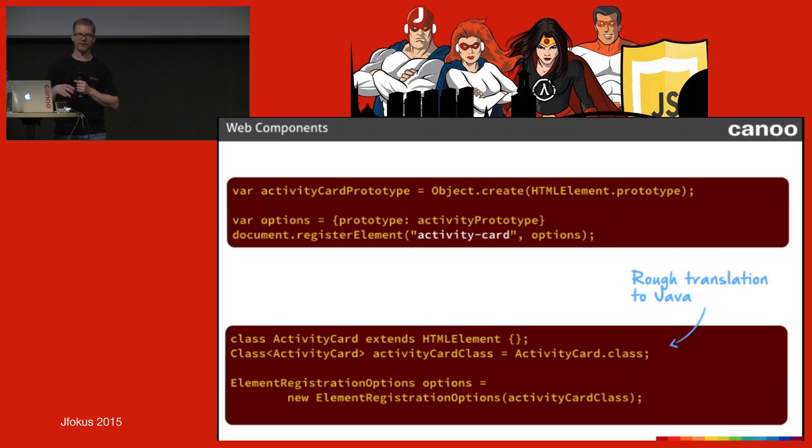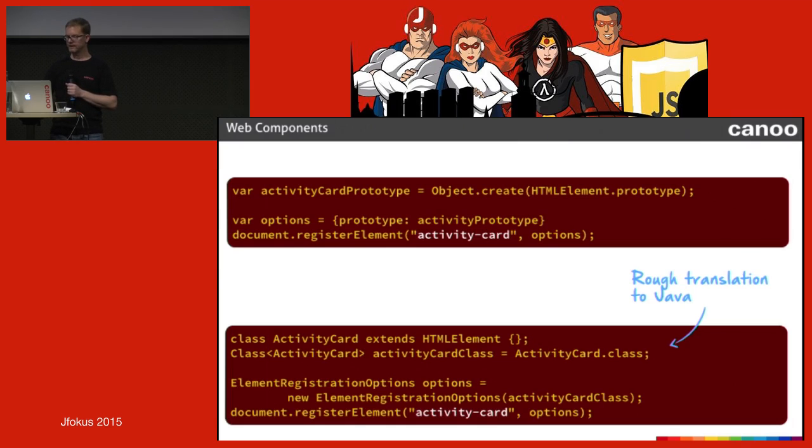Then we call the document register element method. We pass in the name of the new element that we want to use, plus the options that we just created. That would look very similar if we did that in Java and had this API.